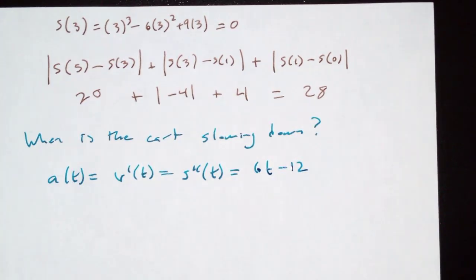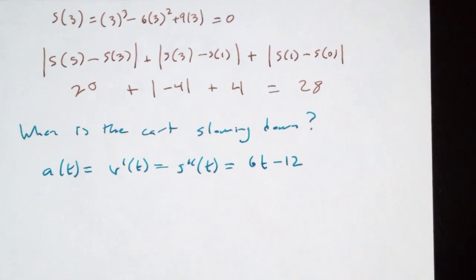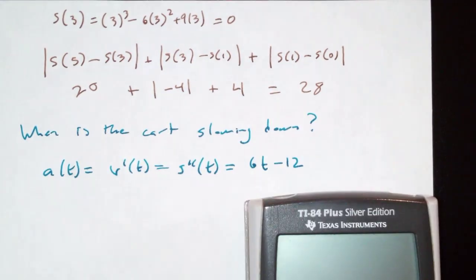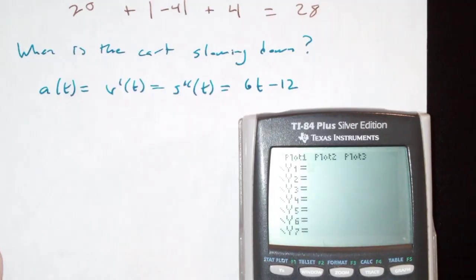Okay. I want you to graph for me. I want you to graph the acceleration and the velocity. And to make my life easy, let's only worry about graphing between times 0 and 5. So our velocity equation was 3t squared minus 12t plus 9.